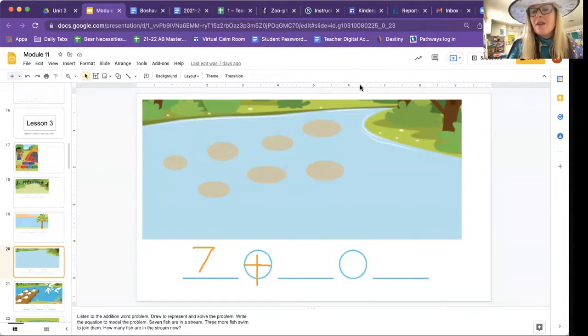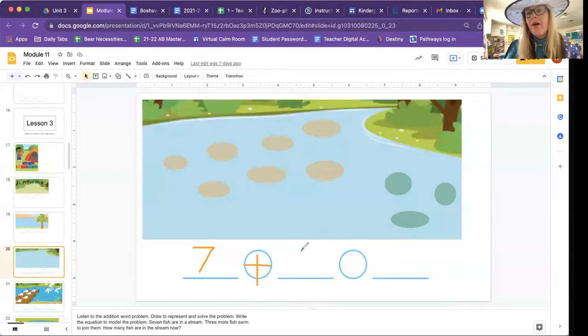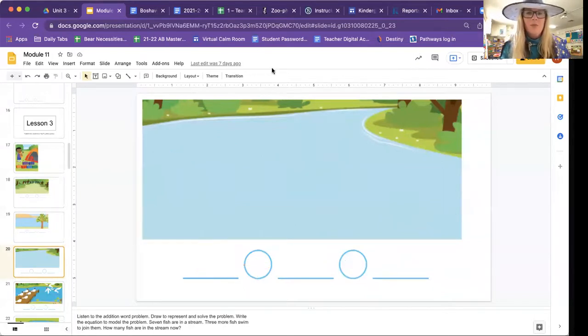How many more? Kane, do you remember what they said? 3 more fish swam to join them. So what number is going to go here? 3 equals, how many are there total? Count them up, add them up, 7 plus 3, and write your answer. You can pause this while you do that.